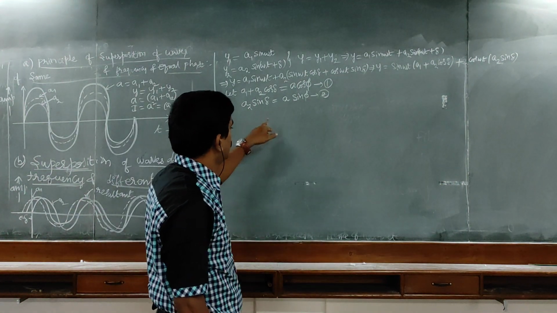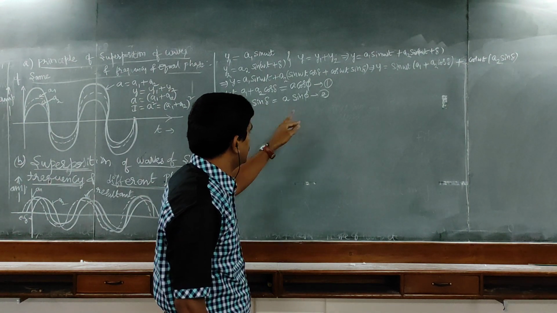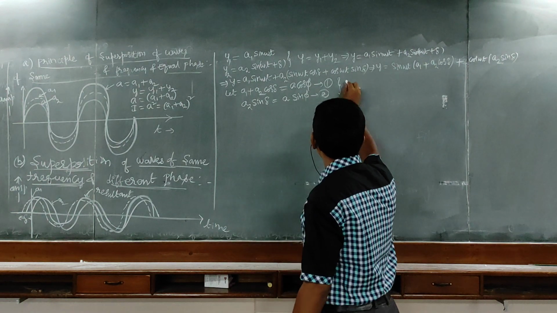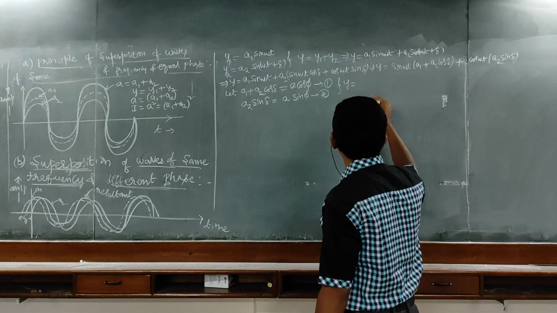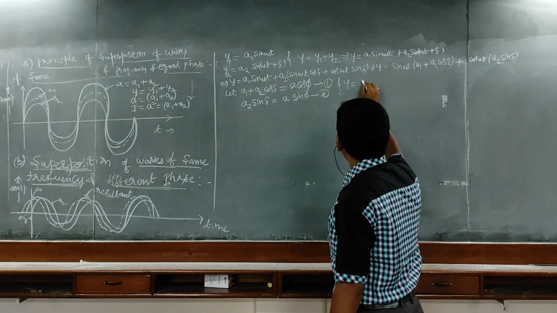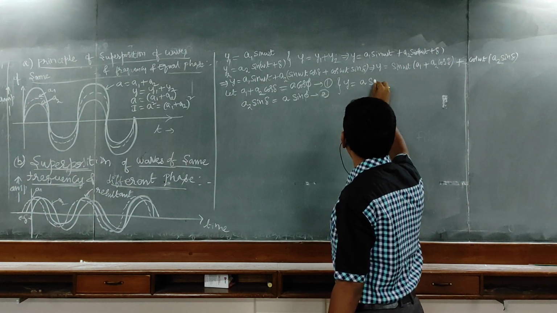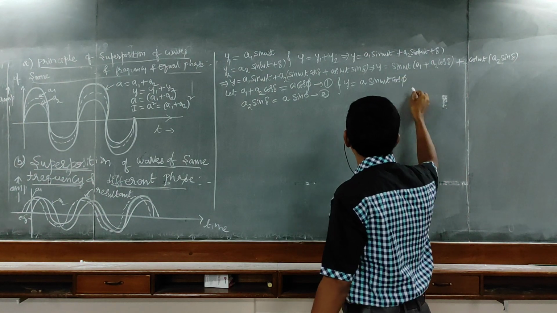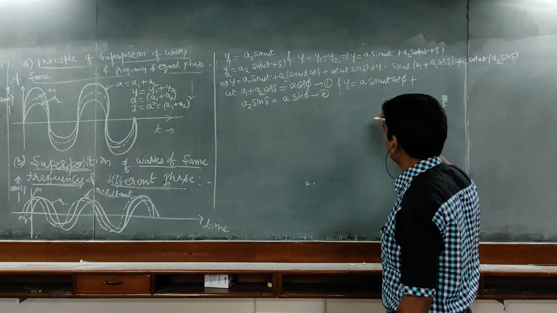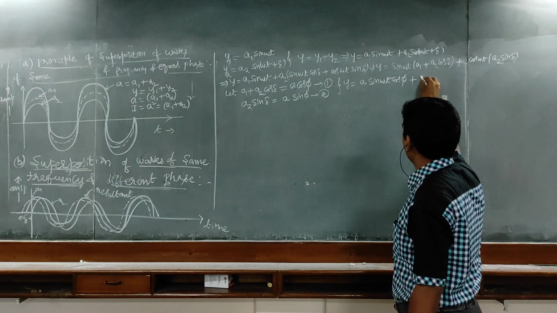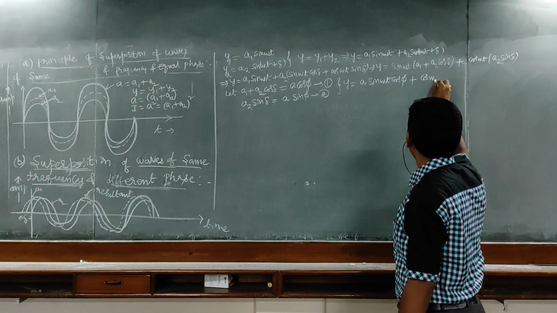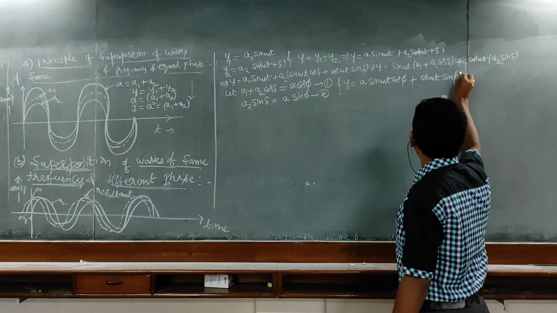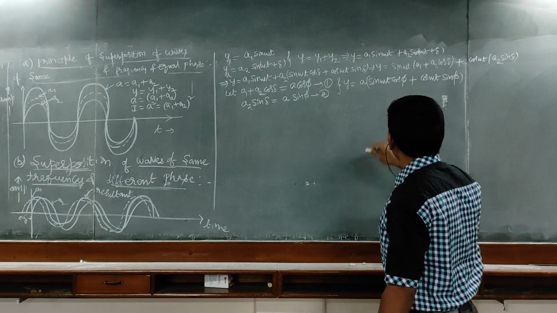Now let us substitute these values in the above expression. Then what happens? y is equal to a sin omega t cos phi plus cos omega t sin phi. Take a as a common term.